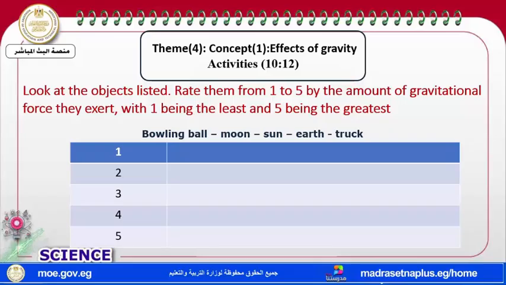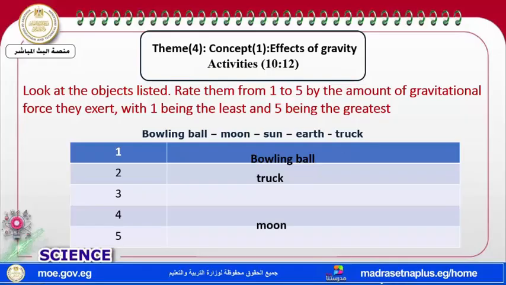Firstly, which one has the least mass? The least mass will be a bowling ball. The next one has more mass and more gravity. Yeah, my dear students, that's not the moon, there's a track here.